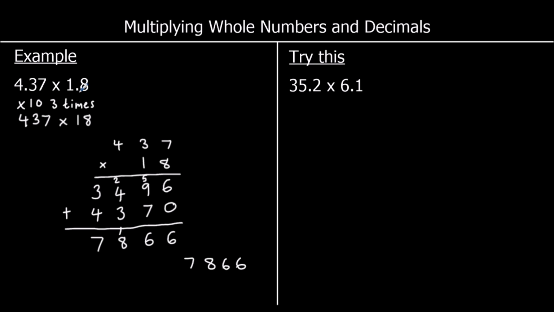And that means there will be 3 numbers after the decimal place in the answer. So if there's 3 numbers after the decimal place in the question, we're going to have 3 numbers after the decimal place in the answer. So the answer is 7.866.